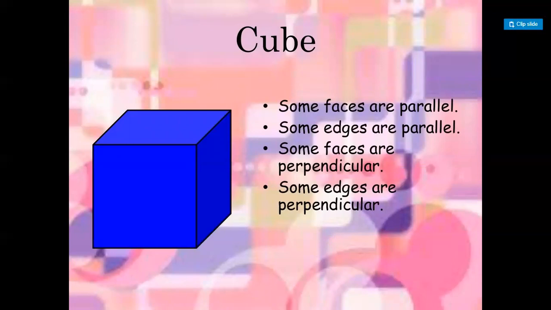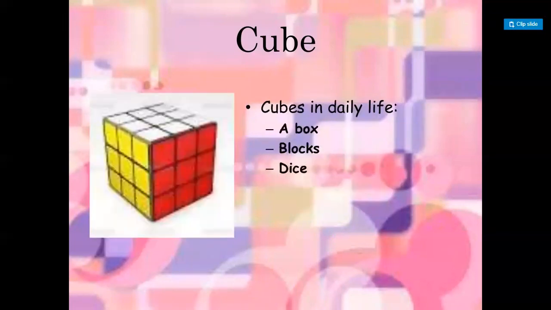Some faces in the cube are parallel and some faces are perpendicular. Some edges are parallel and some edges are perpendicular. A cube in daily life is just like a box.